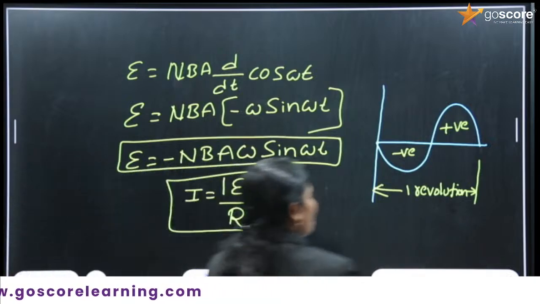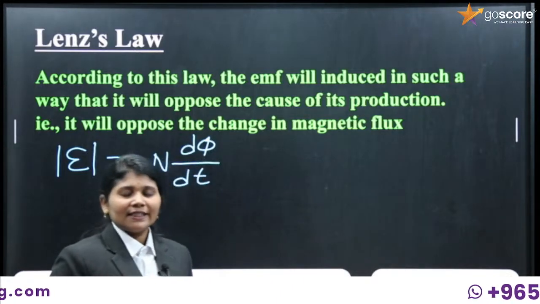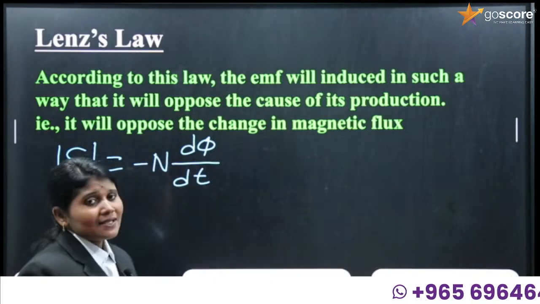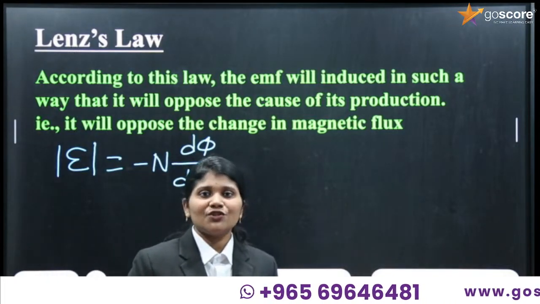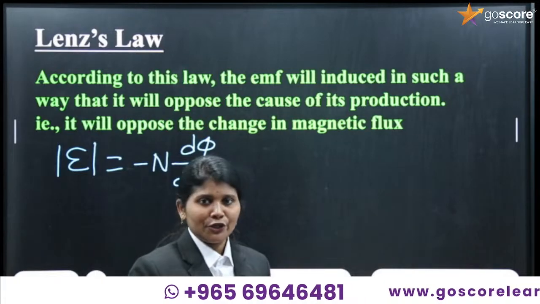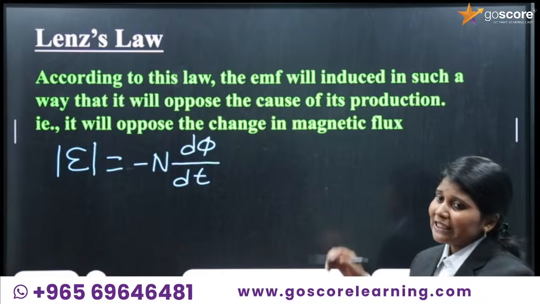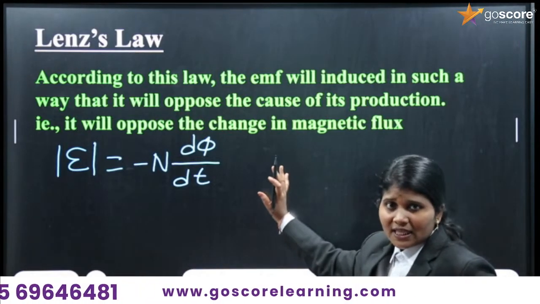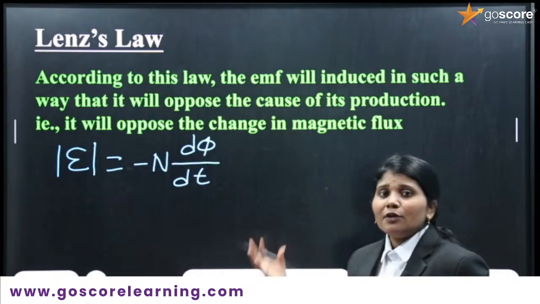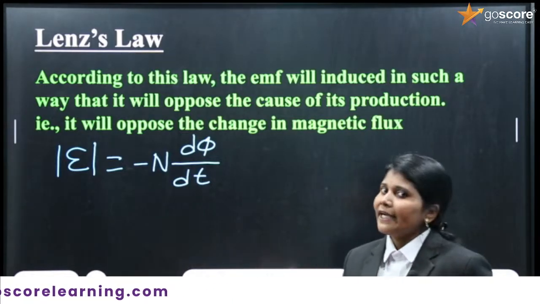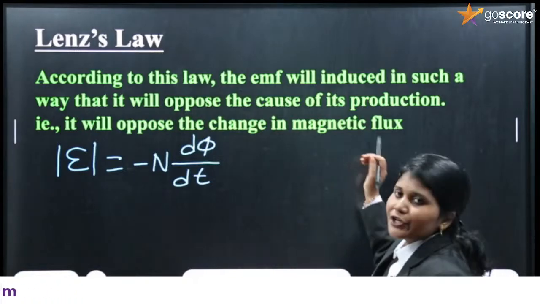Next one, Lenz's law. Lenz deduced the Lenz law. What is the Lenz law? Here EMF is produced by the change in flux, according to Faraday's law. That EMF is produced and it opposes the cause of producing it.